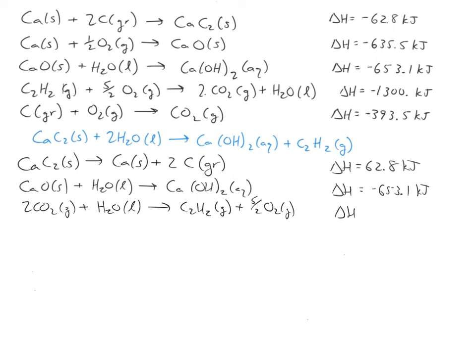So in this case, I flip the reaction over. So again, I take the delta H for the reaction and change its sign. It was negative 1300 kilojoules. So now it'll be positive 1300 kilojoules.